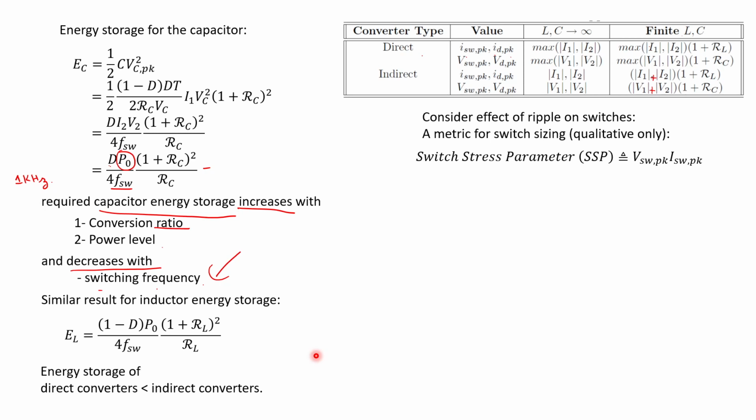Then based on that, you can select components easily. Okay, so that's why here we call it a metric for switch side. So this is qualitative only. Qualitative means just some metrics that you can use with a certain terminology to simply calculate the parameter so that you can follow a certain process to select your components, right?